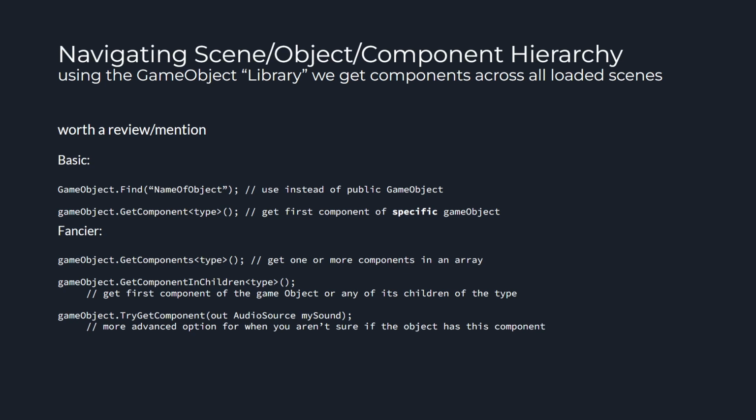So I could say, get component in children. It'll go through that whole hierarchy and find the first finger gun it encounters. In this case, since it's just get component, if I get components in children, it'd find both finger guns. I forget the character in Eternals, right?